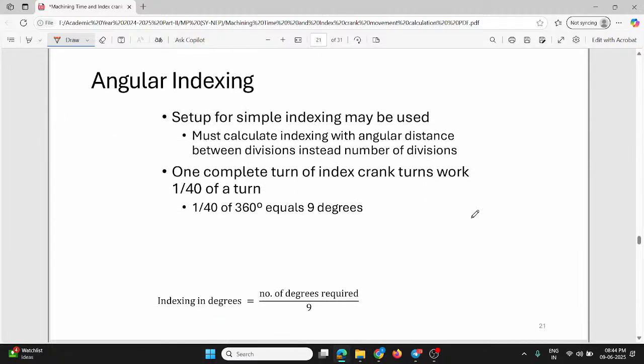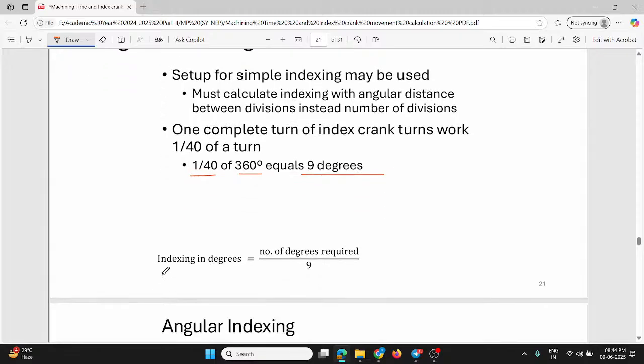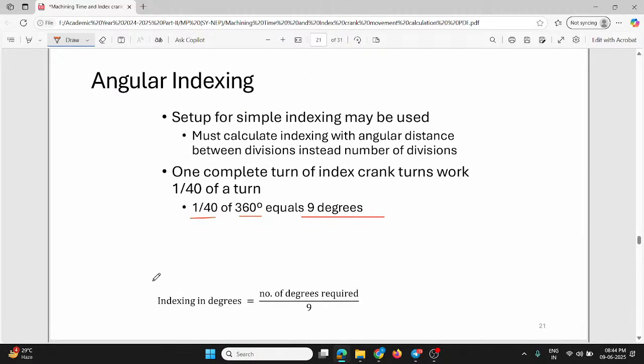Now there is angular indexing, where you are supposed to divide the periphery into equal angular divisions. For that purpose, we know that one complete turn is equal to 360 degrees. So 1 by 40 turns is equal to 9 degrees. For calculating the angular index crank movement, this is the formula.